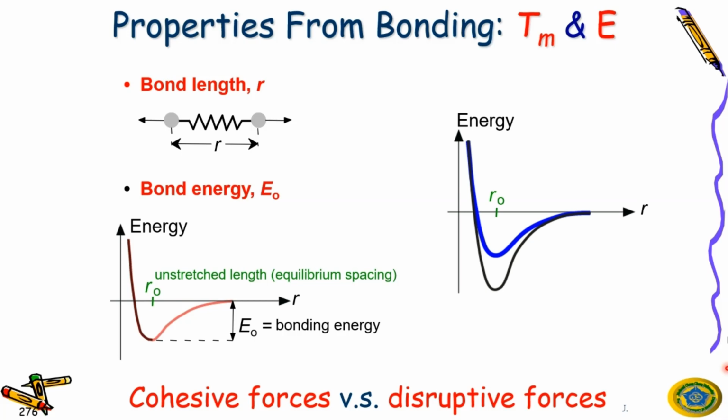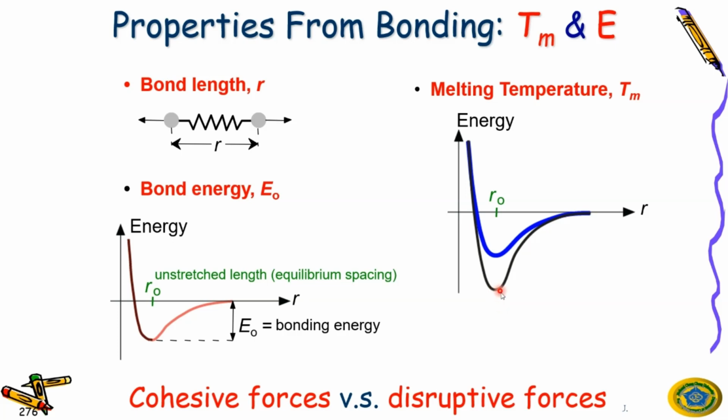However, if you take a look at these two curves and the melting point Tm, you have two cases, case 1, this one, and case 2, this one. Which one has a higher melting temperature?